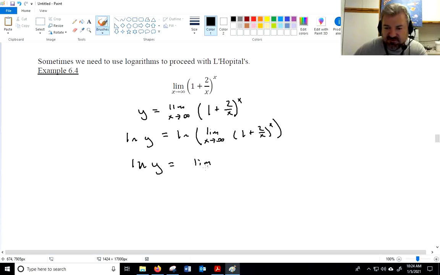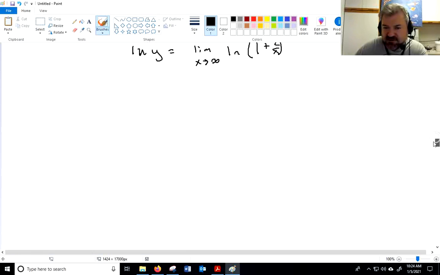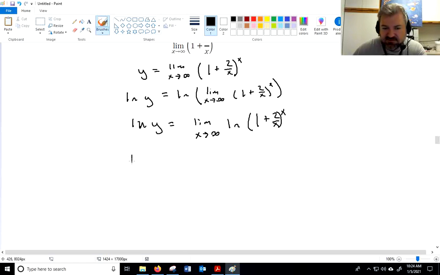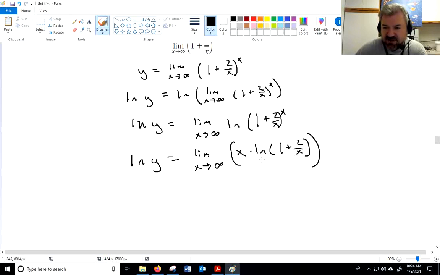So let's rewrite this as the limit as x approaches infinity of x times the natural log of 1 plus 2 over x. So just using a little bit of limit properties there that will allow me to use my log property. So I can now say, well, that x can come down because of the properties of logarithms.